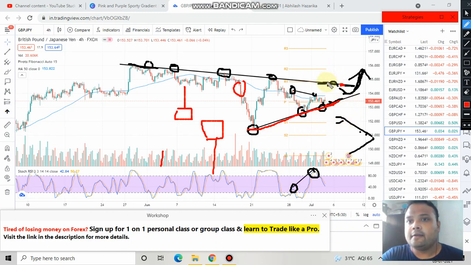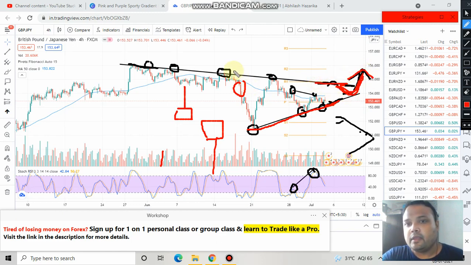And ultimately, if pound yen continues following the symmetrical triangle pattern, then there is a possibility that you will be getting a good move in the coming week, when the market goes above this trend line.